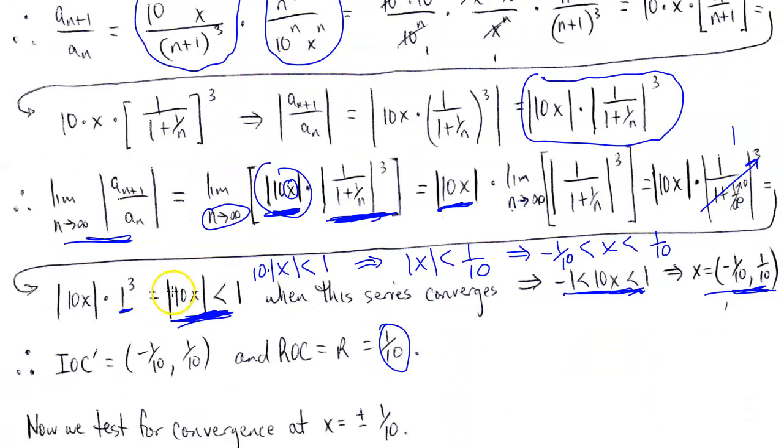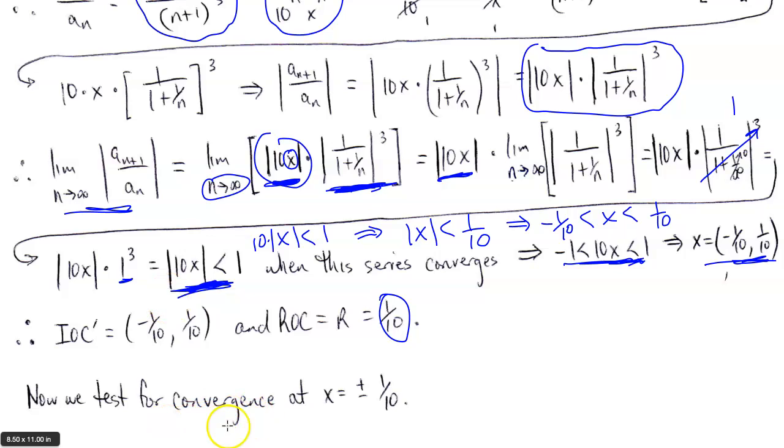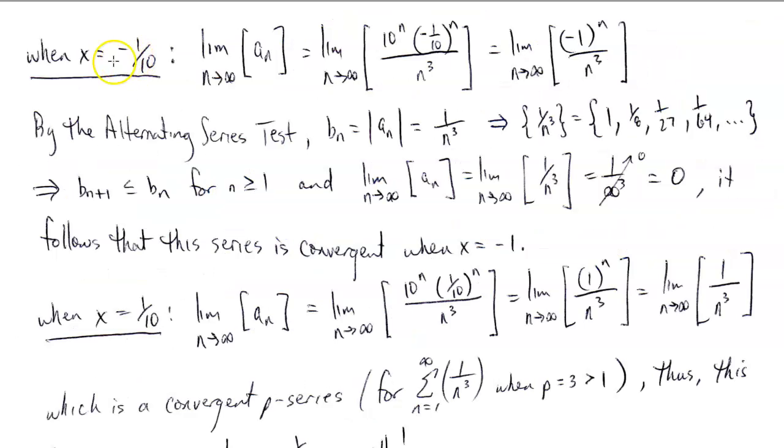All right. So from that, we now need to test for the convergence of the power series at these two values, at positive and negative 1/10. All right, so if we let x equal negative 1/10, then in place of x we have negative 1/10 there. And if we do some simplification, we see that we just end up having negative 1 raised to the n over n cubed, being the thing that we need to take the limit of here.